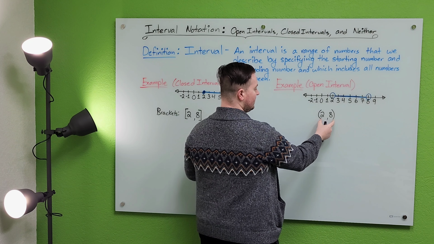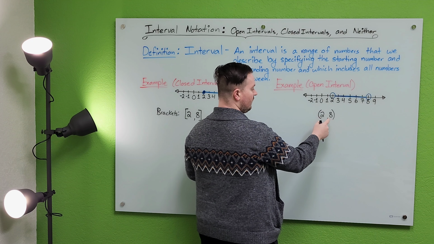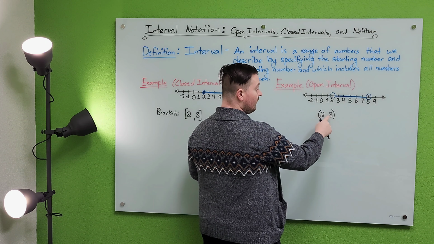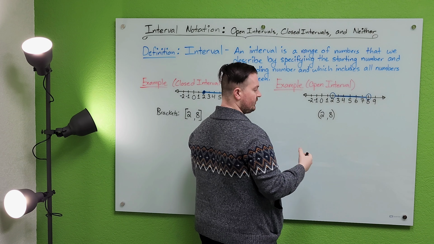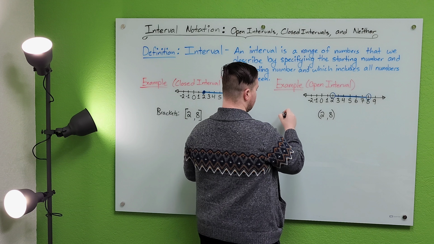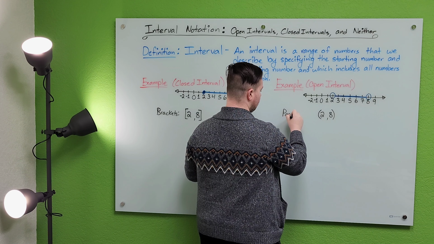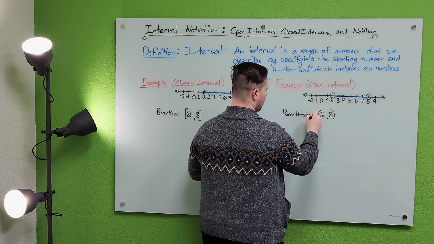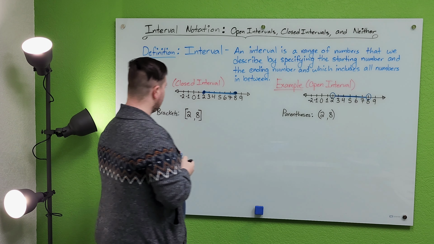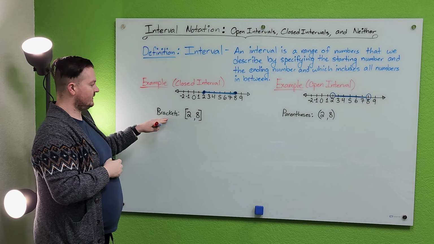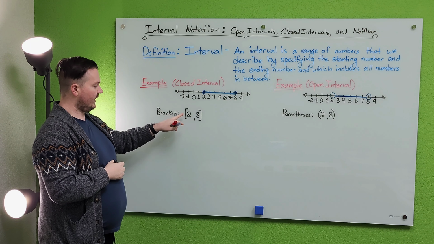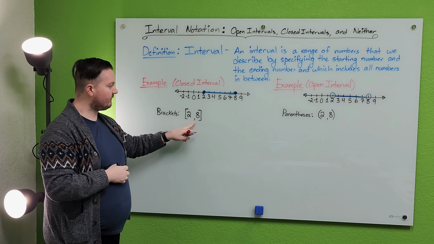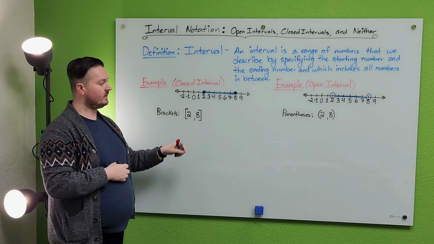So you use parentheses when you are not including the number 2 or 8, but you do want every number in between those in your group. So here we use parentheses for open intervals. For closed intervals, we use brackets to signify that we have the number 2, we have the number 8, and we have every number in between 2 and 8.